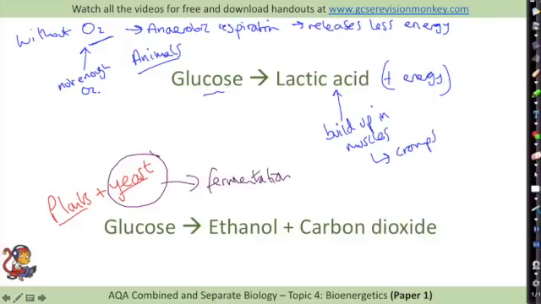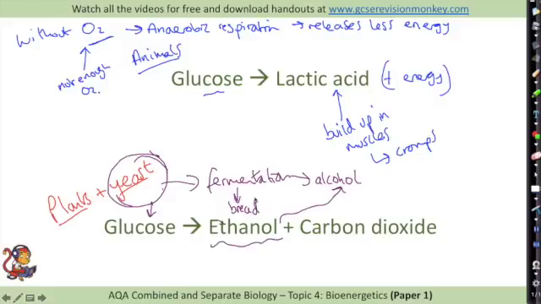And the fermentation process whereby yeast takes glucose and produces ethanol and carbon dioxide is used in two major industries. It's used in the bread industry and it's used in the alcohol industry. Ethanol is the main alcohol that's used in alcoholic drinks. So the fermentation process produces ethanol, which is extracted and used to make alcoholic drinks.